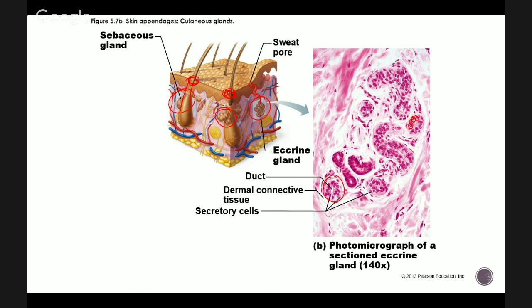And the function of the oil gland is to help soften the skin and kind of condition the skin. So it's a natural skin conditioner, natural skin protectant. It protects the skin. It's kind of like an acidic type of oily secretion.